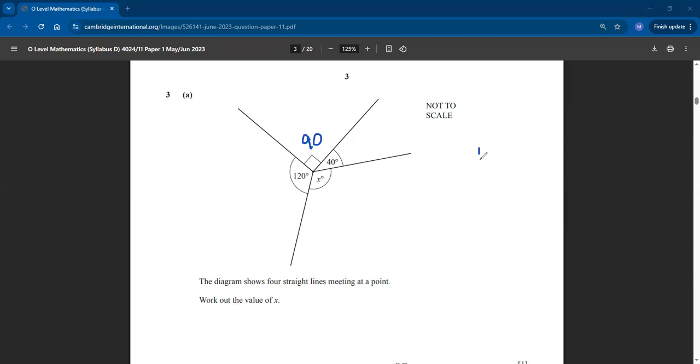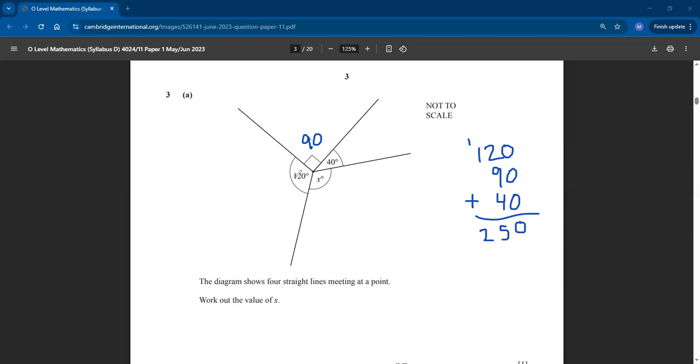So what are we going to do? We are going to add up the 3 angles. 120 plus 90 plus 40. Okay, let's add these together. So that's 0, 9 plus 4 is 13, 13 plus 2 is 15. So carry the 1, write down the 5 over here, and 1 plus 1 is 2. So that's 250.